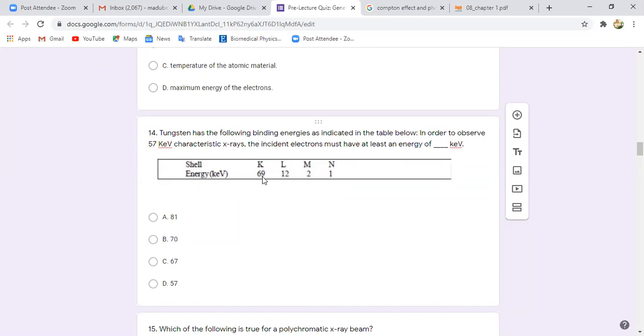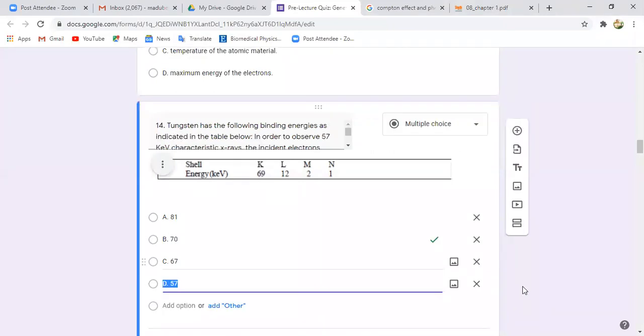So for us to be able to detach this electron, the K electron has to be detached so that the L electrons will fall into K. For that to happen, you must have at least 69 keV. And if you don't have up to that, we are not going to have any K characteristic X-ray. So it's 70.